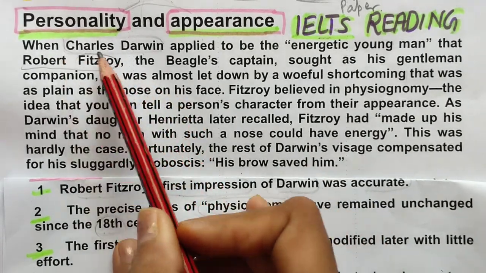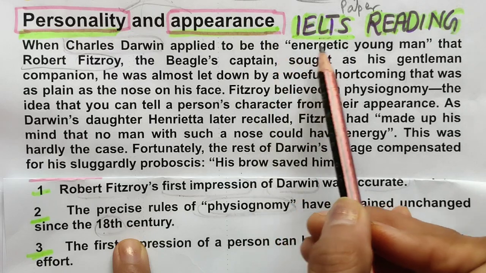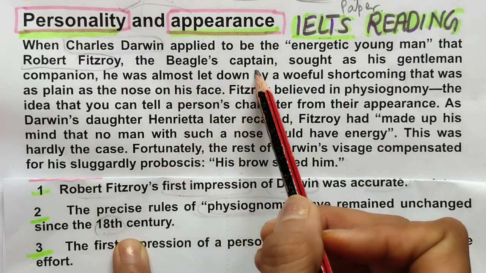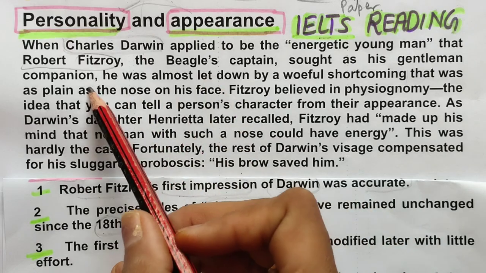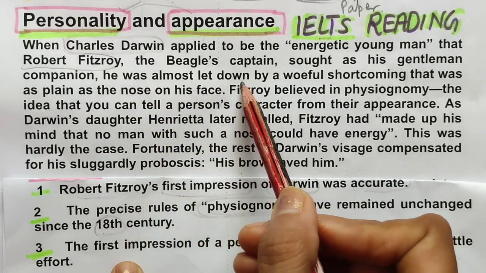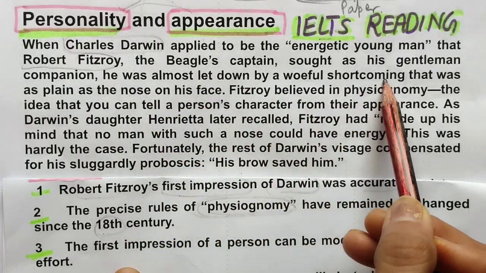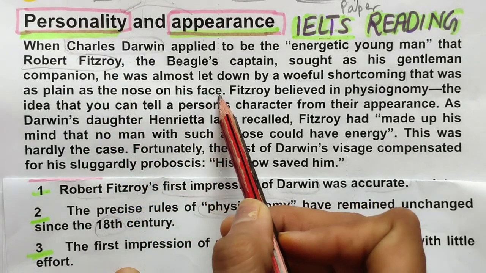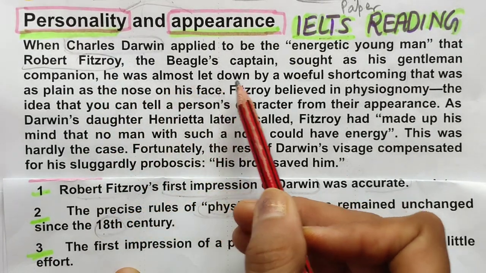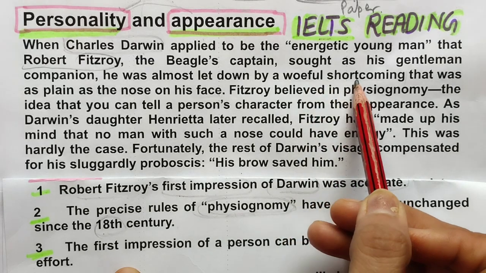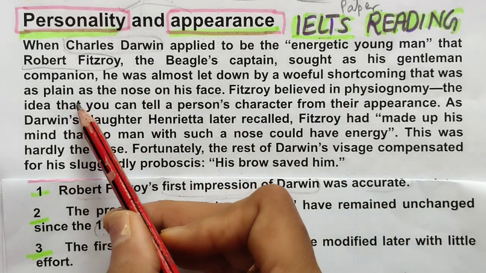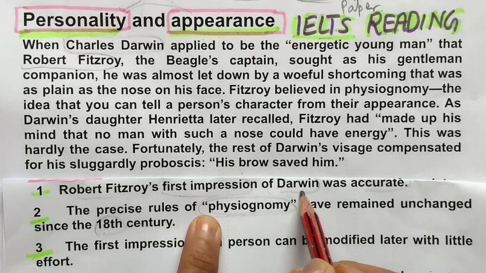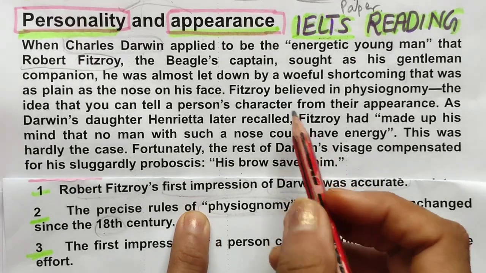When Charles Darwin applied to be the energetic young man that Robert, the Beagle's captain, sought as his gentleman companion, he was almost let down by a woeful shortcoming that was as plain as the nose on his face. So his first impression was accurate.